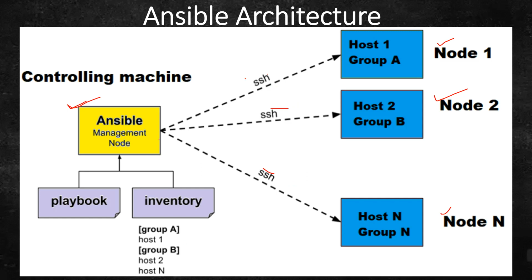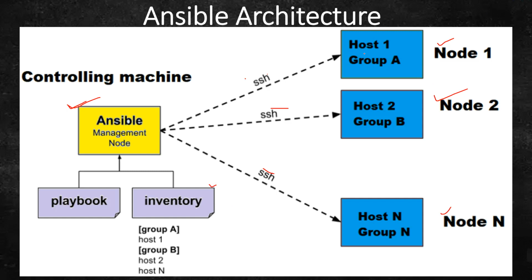And in the master machine, there is an inventory file. What is the inventory file? We will go into it in the next slide, and it's very important. In the inventory file, we store the IP addresses of the node machines.